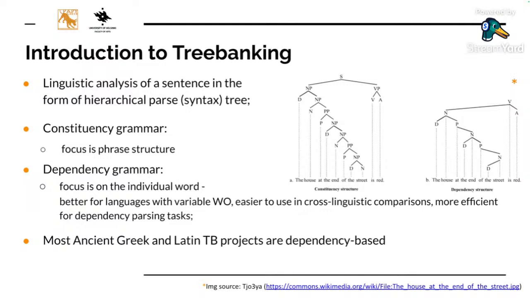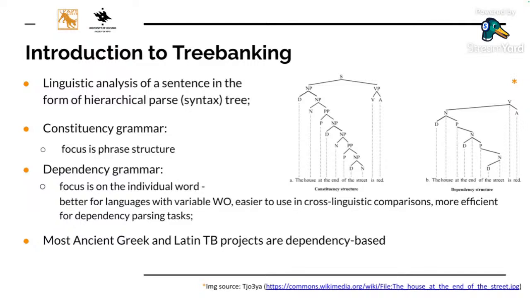But to not eat more of my time, tree banking is the word that we use to describe linguistic analysis of a sentence that takes the form of an inverted tree, where everything is anchored to one point, the root of the sentence, and it branches out from there. And there are 2 main ways to conceptualize tree banking.